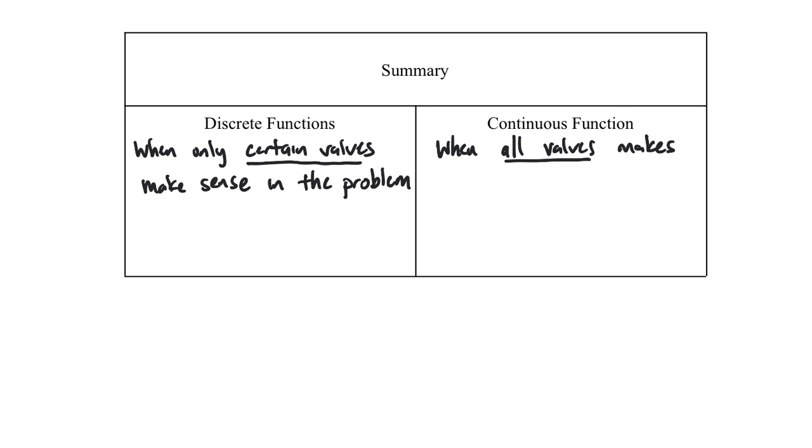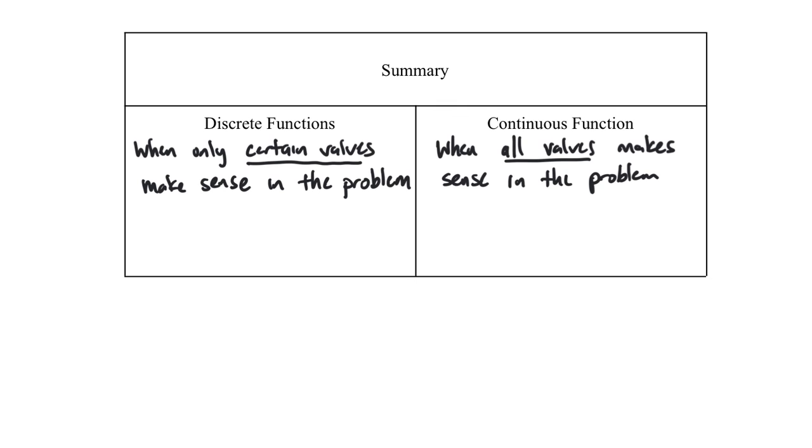Now, when I say all values, I don't necessarily mean negatives, because negatives don't make sense a lot with word problems. What I mean is, when all values make sense in the problem. This one is typically your whole numbers like 1, 2, 3, 4, 5, and this one would be 1, 1.1, 1.75, 2, 2.8, etc.